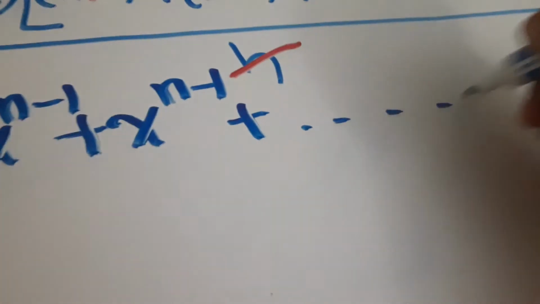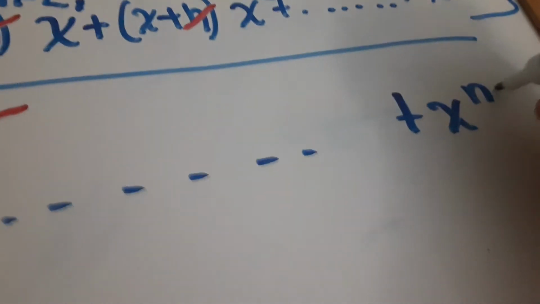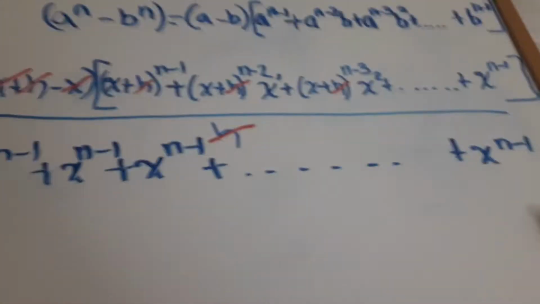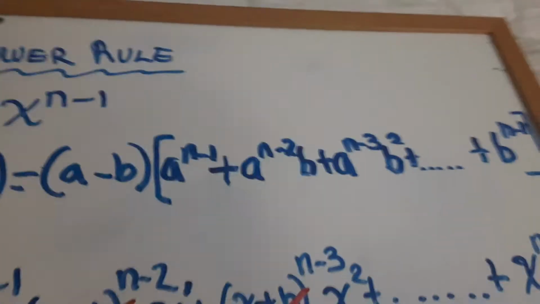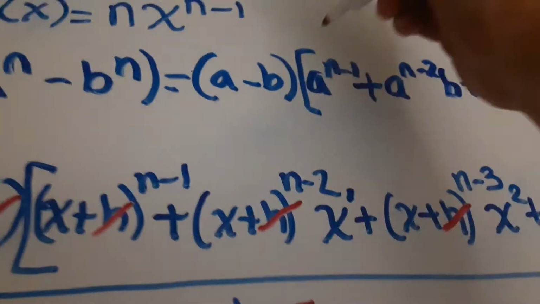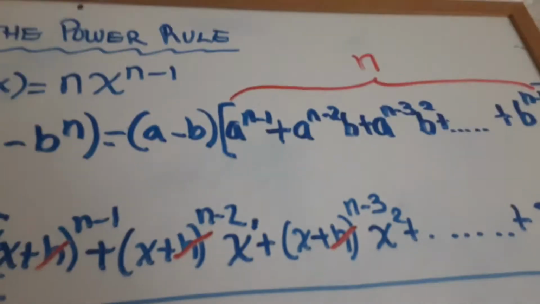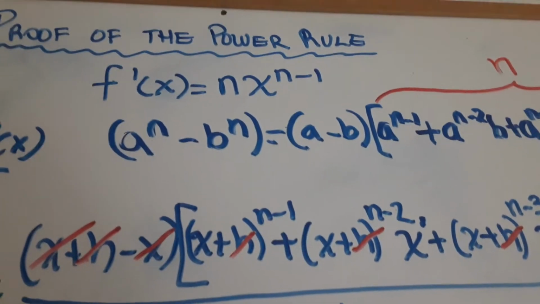Plus the last one is x to the n minus 1. Now the question is, how many terms do I have here, right? We don't know, but according to the identity, there are n terms here. That's the way we expand the identity, a to the n minus b to the n.